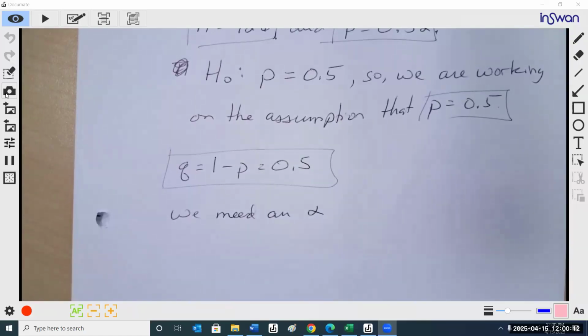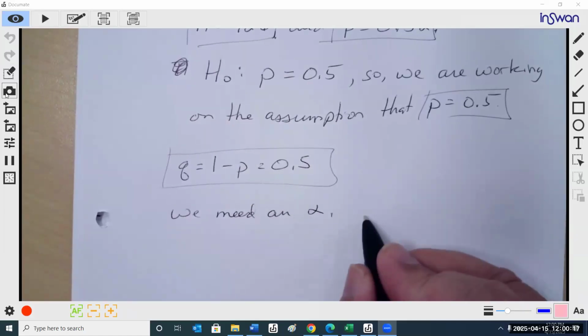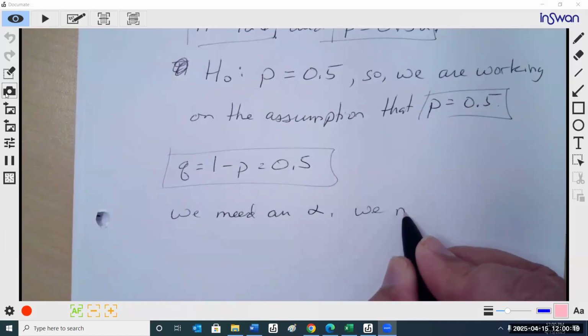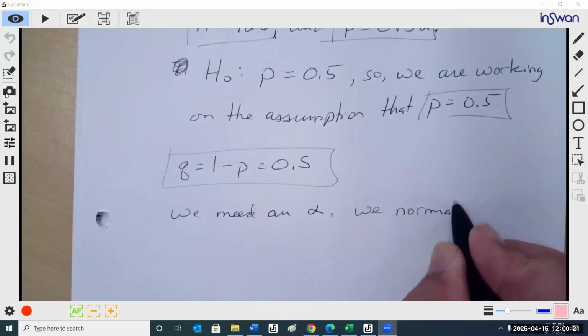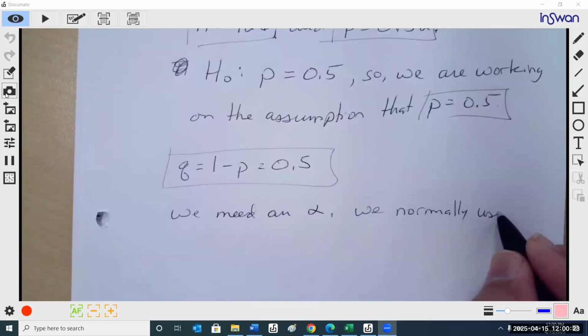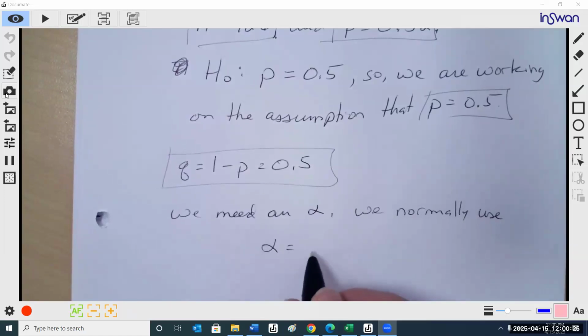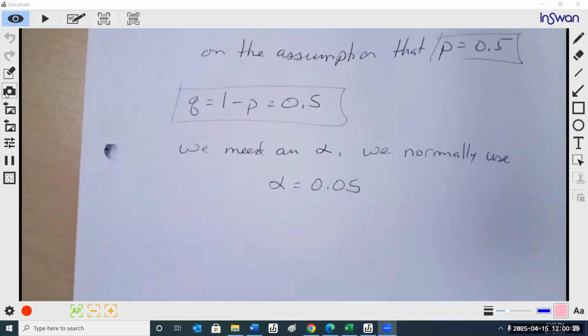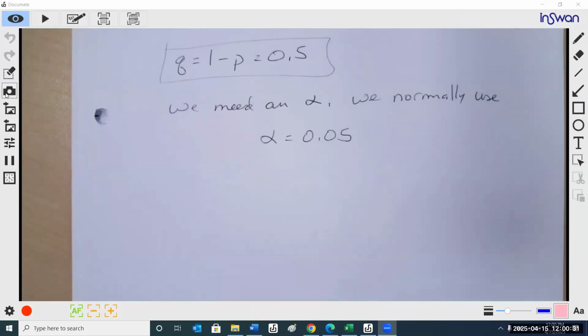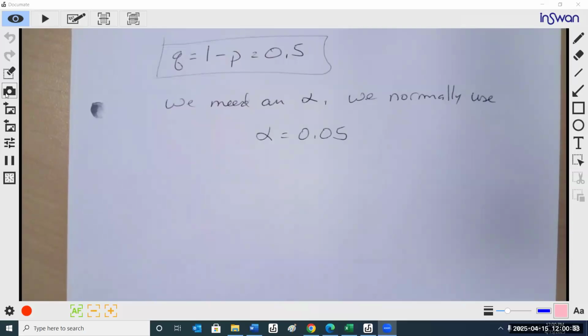Well, I said the majority of the time, whenever you see an alpha, use alpha equals 0.05. That is the most common. If you ever read a research journal, you'll see that the alpha used, the level of confidence, is 0.05.